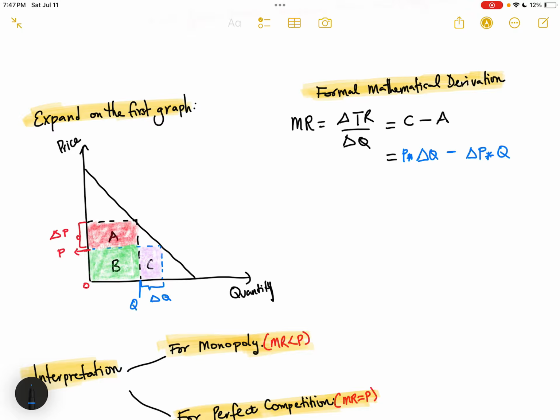Okay, so we can make P stand alone in the first term by dividing through the right hand side by change in Q. We have change in P over change in Q times Q, something like this. Now, can we go back?